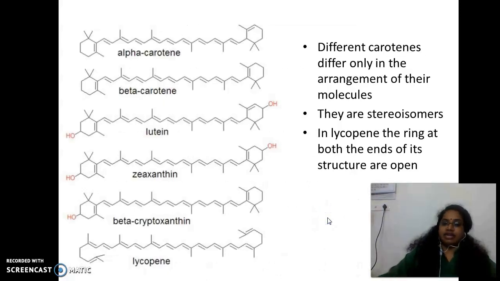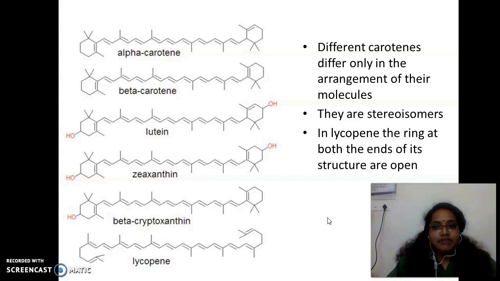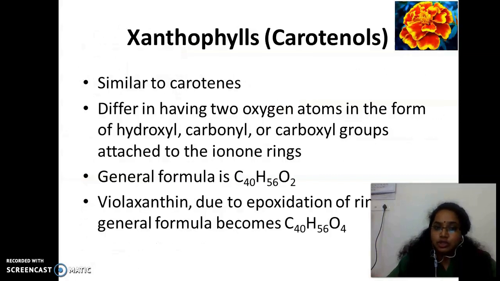These are the different carotene structures: alpha carotene, beta carotene, lutein, zeaxanthin, beta cryptoxanthin, lycopene, etc. Different carotenes differ only by the arrangement of the molecule. They are stereoisomers.